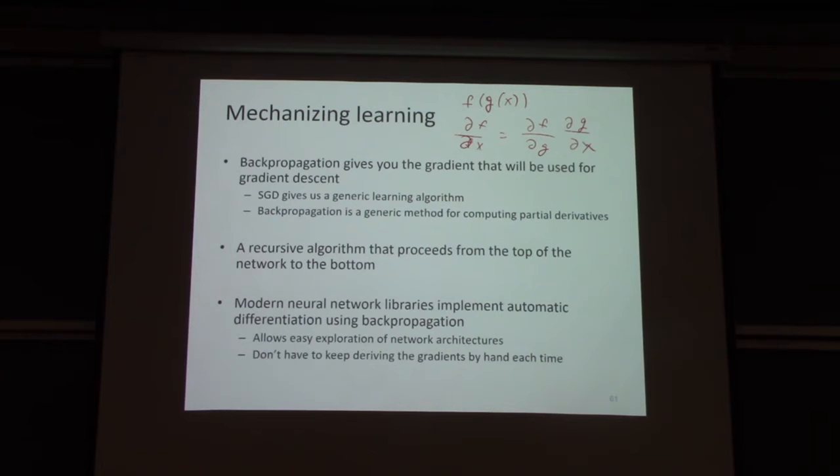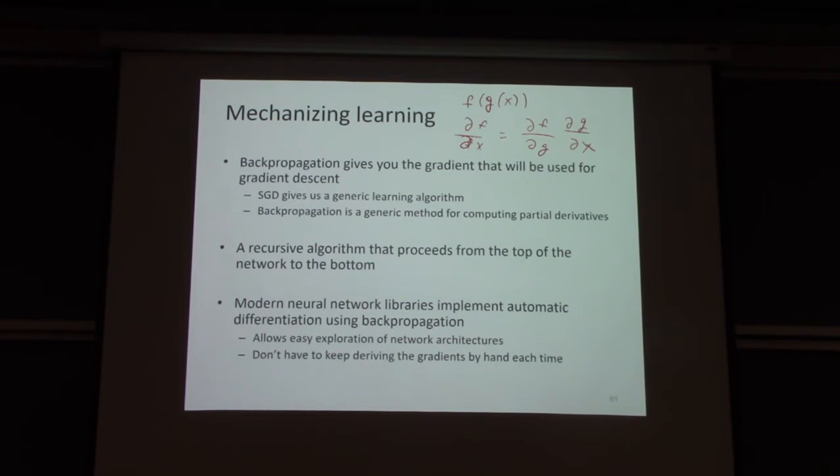And one could argue that all the stuff that you hear in the news about neural networks is possible because we have this generic way of inventing and exploring hypothesis spaces. Remember, every neural network defines a hypothesis space using its architecture. So by changing the network architecture, you are effectively changing the hypothesis space.